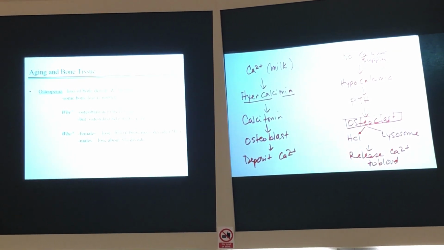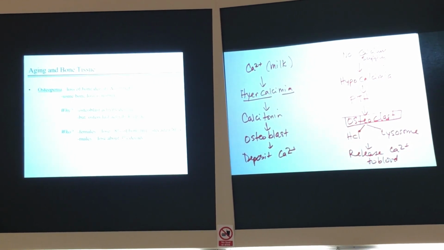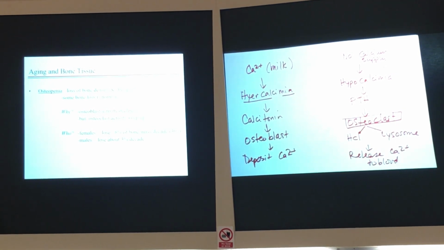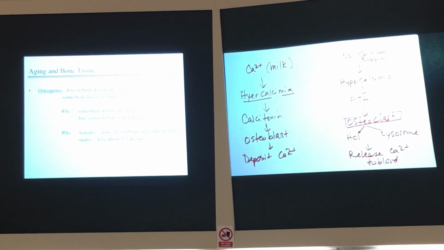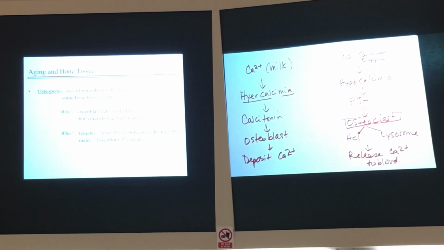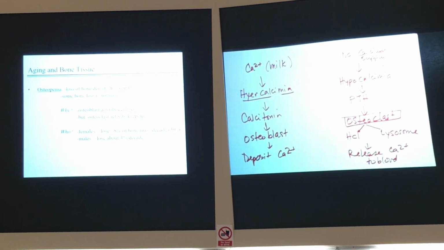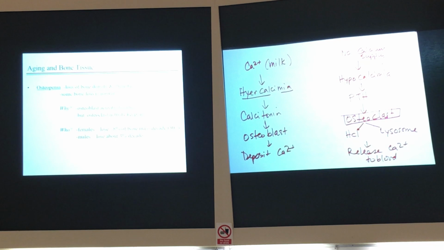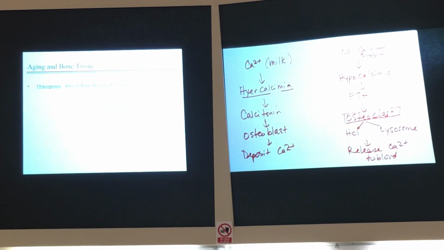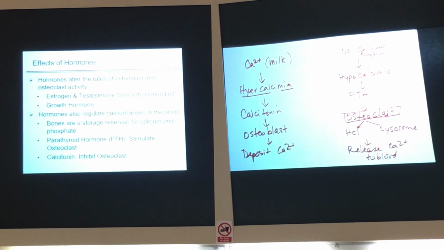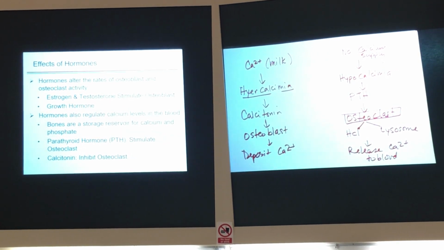Two, female. Why are females susceptible to this? Menopause. We did not mention menopause, but we mentioned something related to menopause: the hormone estrogen, which is produced by the ovary.